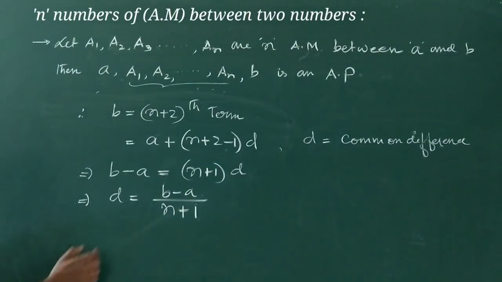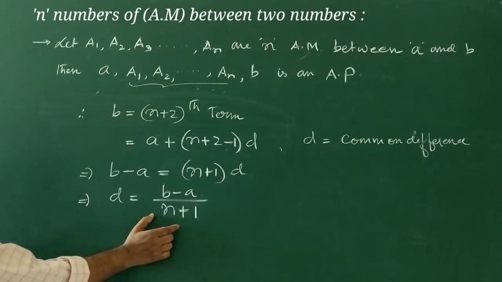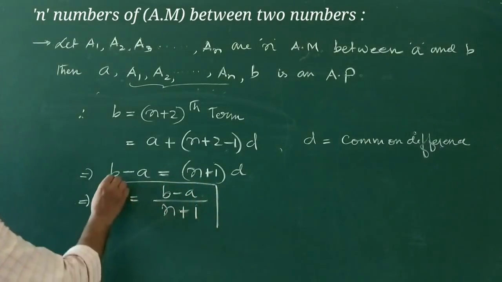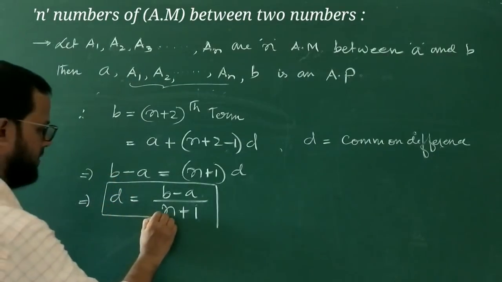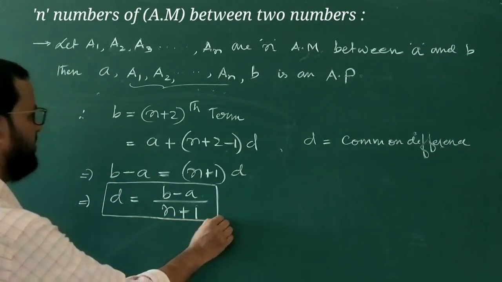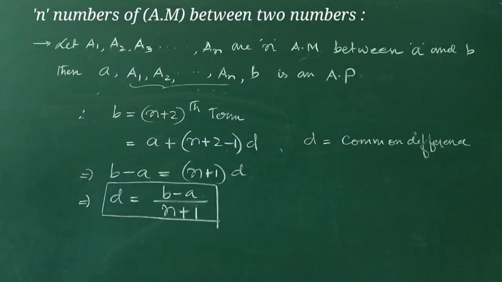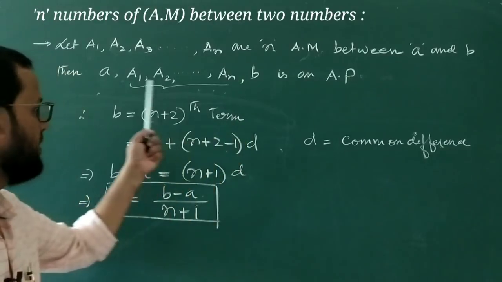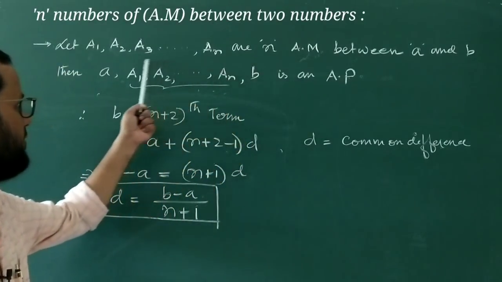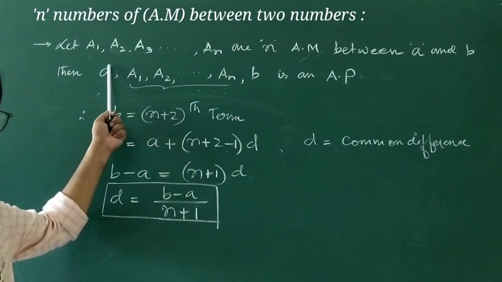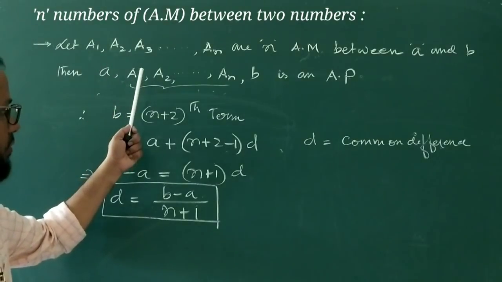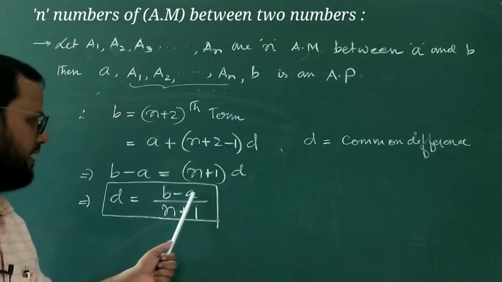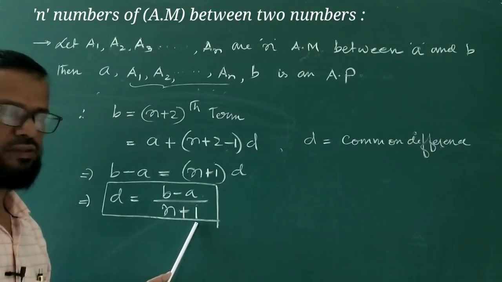Now in this way, this is your common difference. So how to find the common difference? This is the formula to find it. If n number of terms are inserted between A and B, and after that it forms an AP, then the common difference of this AP is determined by the result (B minus A) divided by n plus 1.